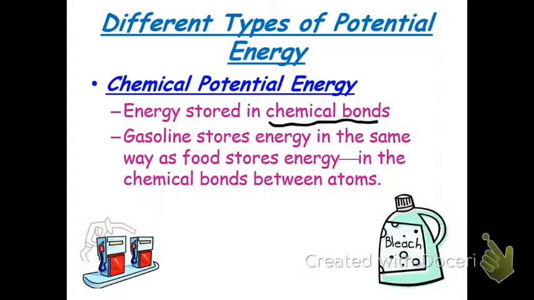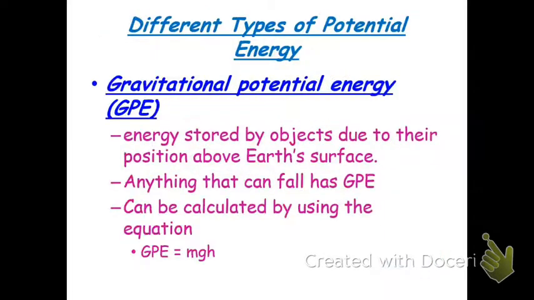When bonds are broken and bonds are formed, we get energy from those. Gasoline, for example, stores energy the same way food stores energy in the chemical bonds, and we use that energy for things like the gasoline we use to run our cars and the food we use to run our bodies.